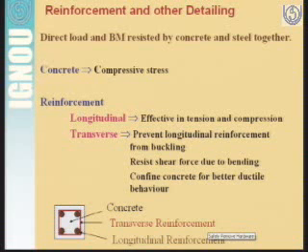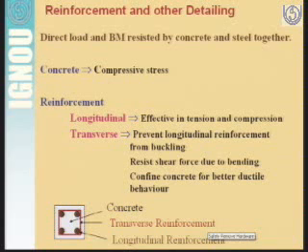Here, what is the role of concrete and reinforcement? Concrete generally takes care of the compressive forces, and reinforcement takes some part of the compressive forces, and if any tensile forces are coming, they will be borne by the reinforcement.